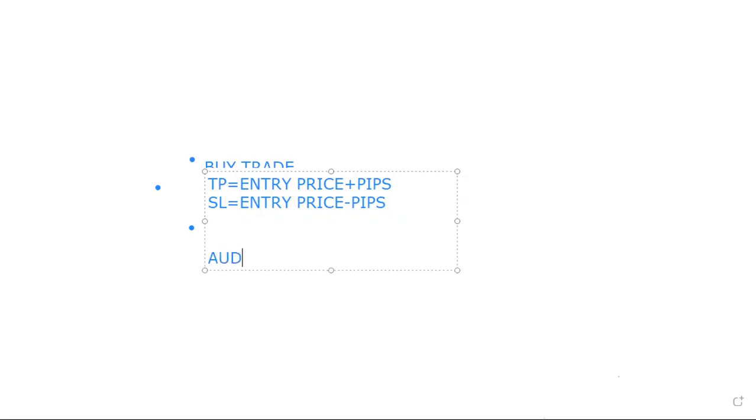First stop. Remember I told you let's do an example. That AUD USD trade you bought, what's the entry price again? Call it. 0.69773. This is our entry price. Now we want to calculate the take profits. The formula for take profit says entry price plus pips.